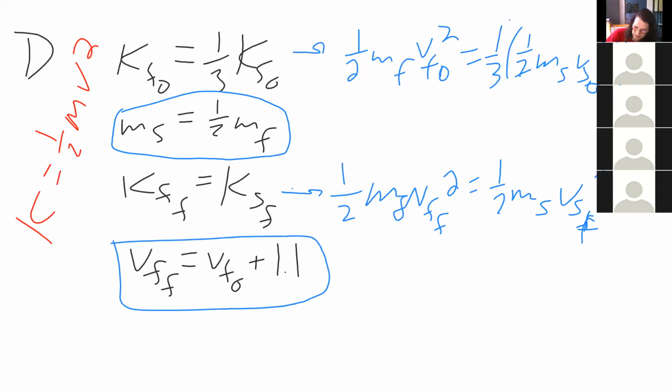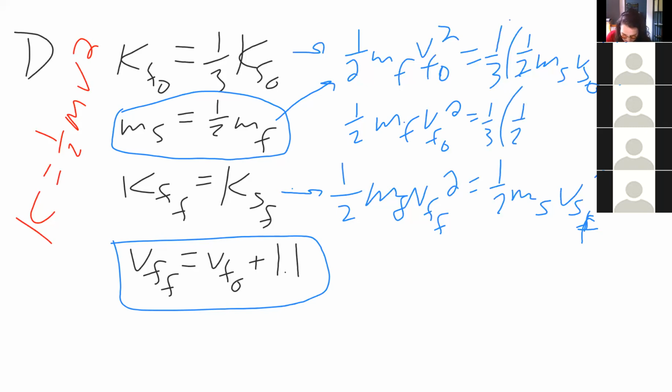Maybe substituting into the first equation the second relationship about the masses. The mass of the son will be half the mass of the father. So we'll have 1/2 mass of the father, velocity of the father initial squared is equal to a third times a half.